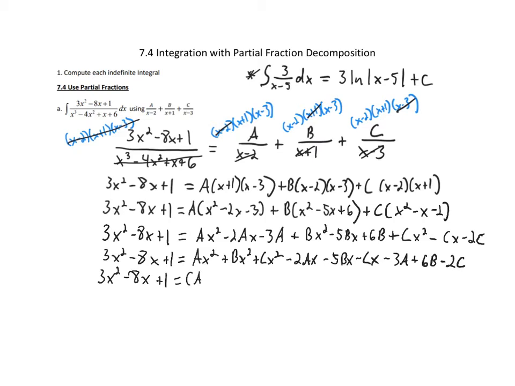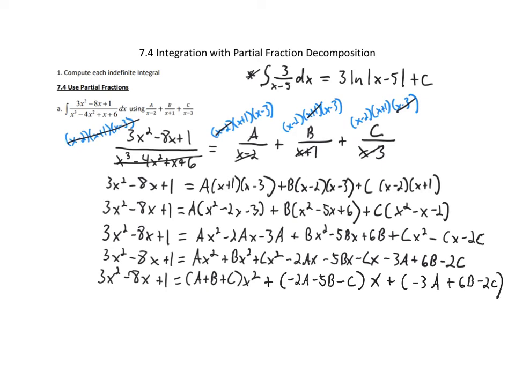You would have a plus b plus c times x squared. Factoring the terms of x, you would have a minus 2a, minus 5b, minus c, times x, and then our constant term, negative 3a plus 6b minus 2c.